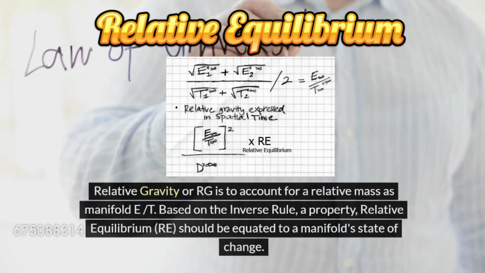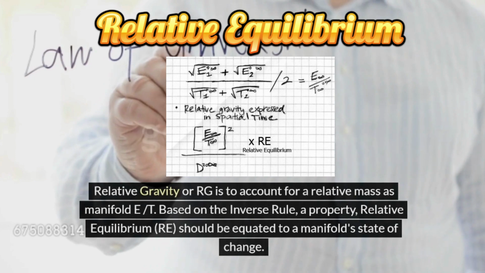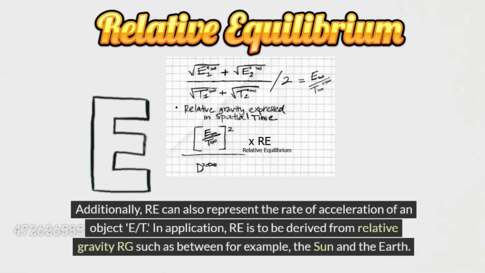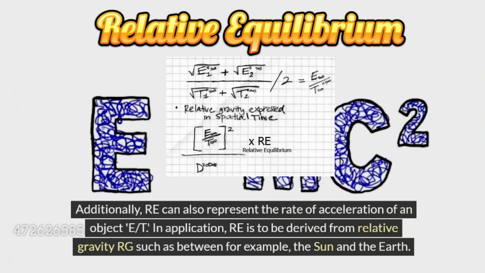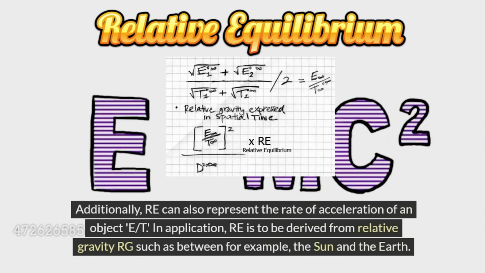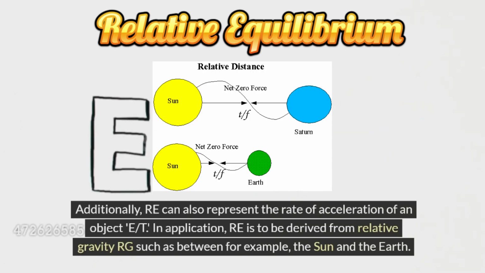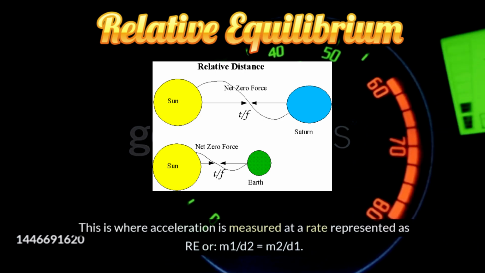Additionally, Re can also represent the rate of acceleration of an object, E/t. In application, Re is to be derived from relative gravity Rg, such as between, for example, the Sun and the Earth. This is where acceleration is measured at a rate represented as Re, or m1/d2 equals m2/d1.